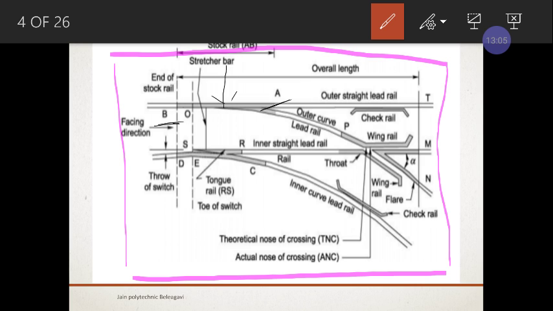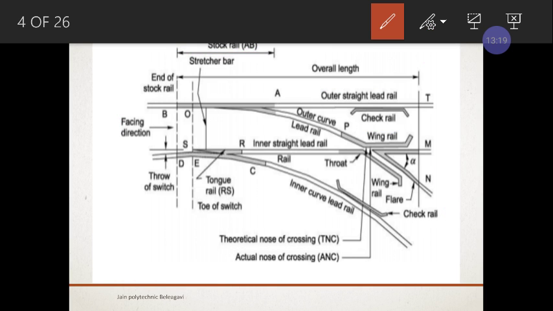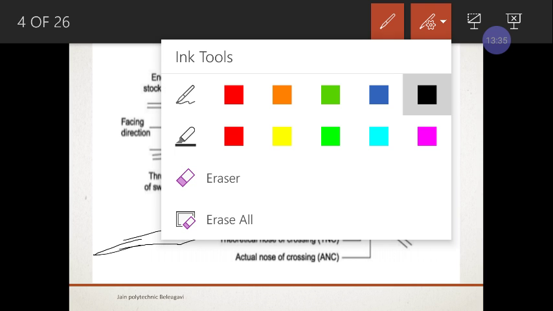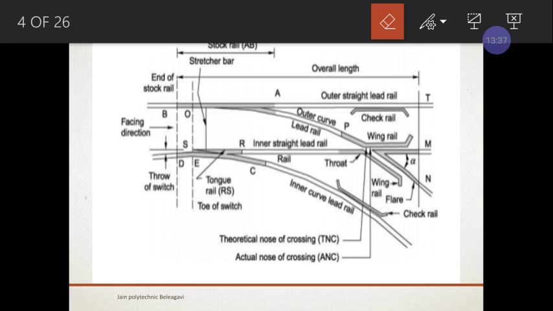Here it is ending and here it is starting. So in between, that portion of the main rail is called the stock rail. And the portion of the rails has been tapered like this. Can you see? It has been tapered, right?